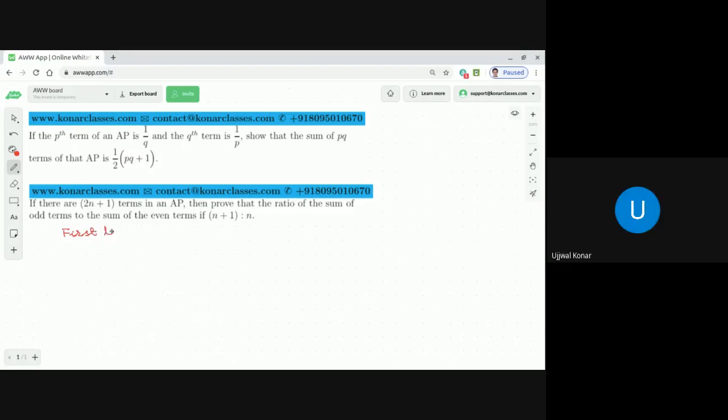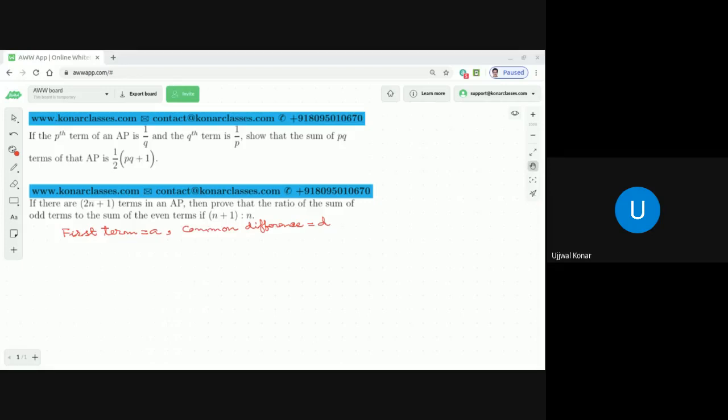Let's consider the first term is equal to a, and the common difference is equal to d. Correct, dear students? Then what do we get out of it? Let's take the two sums, the sum of the odd terms.